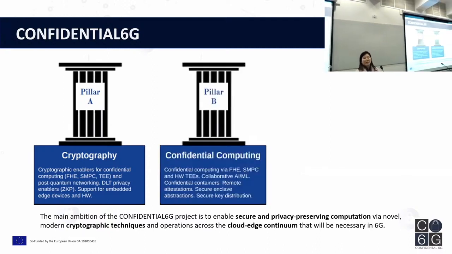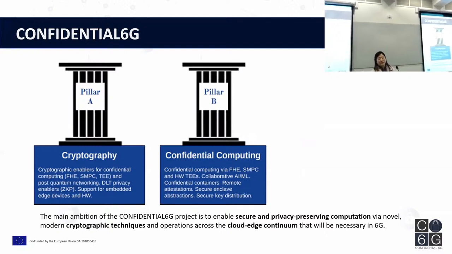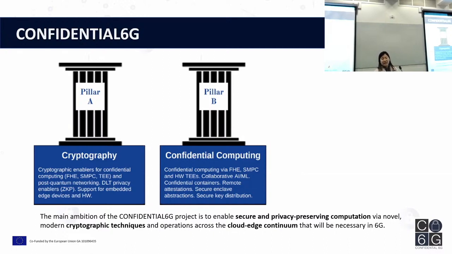And the second part, the confidential computing as presented in the various morning sessions, is trying to keep the data in use and using the trusted execution environment and the containers technology.